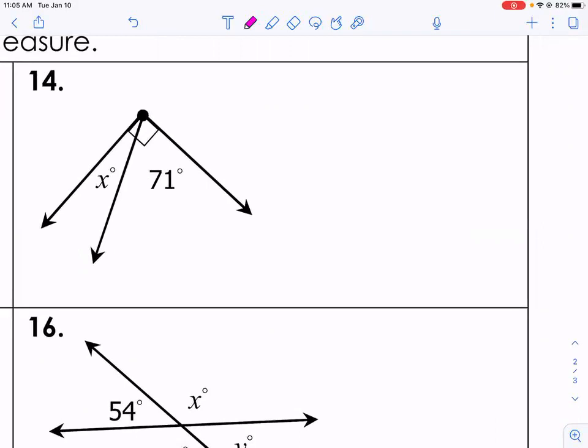Let's talk about number 14. Trent, tell me the relationship between these two angles. Anything else? And they're complementary.